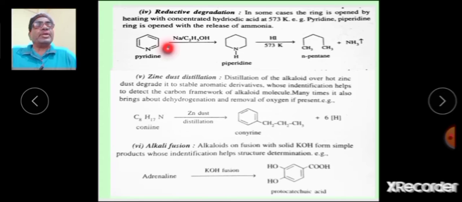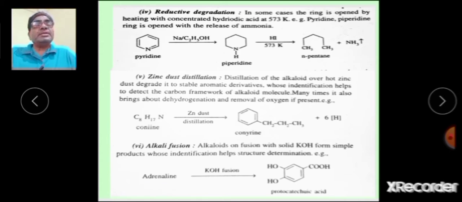This is pyridine, saturated to piperidine, and treatment with HI at 573 degrees, the ammonia is evolved, giving the 5-member carbon open chain compound, indicating the starting compound is of 6-member and nitrogen is part of the ring.